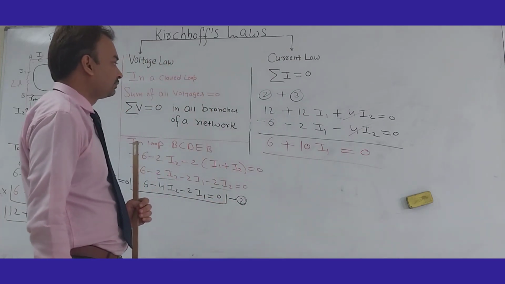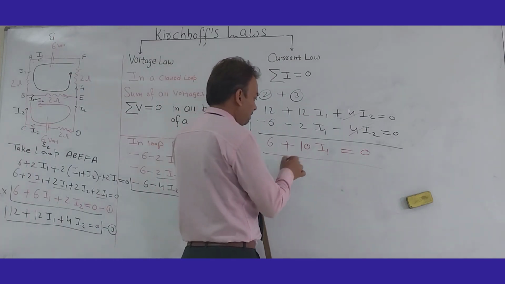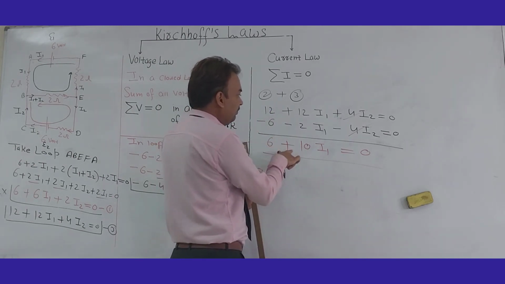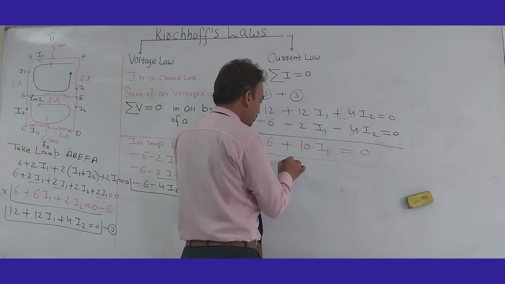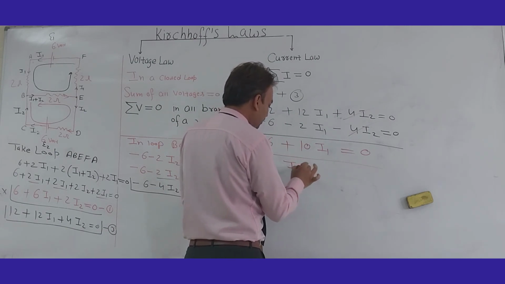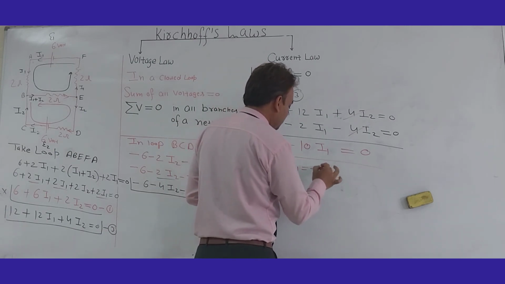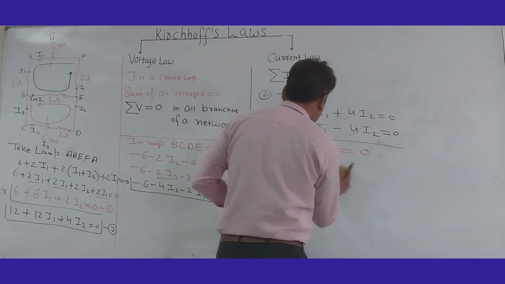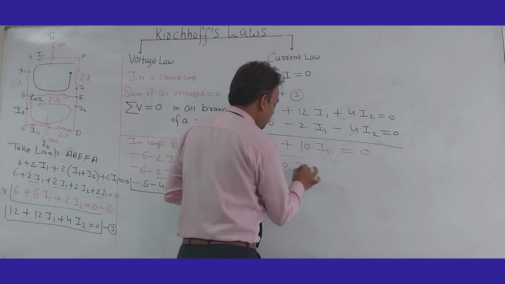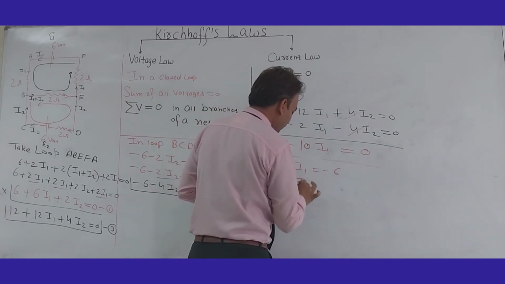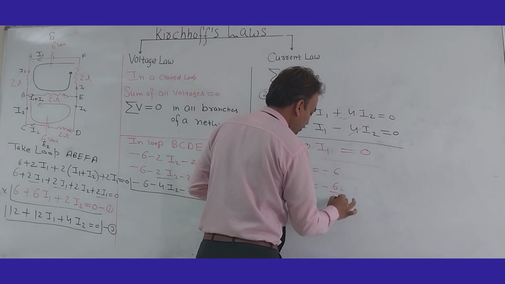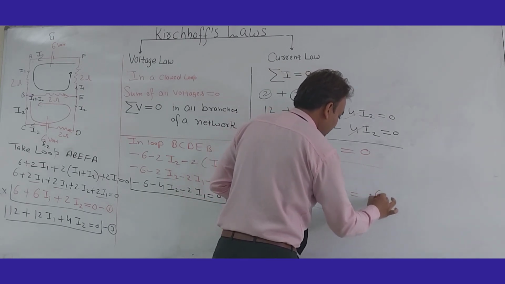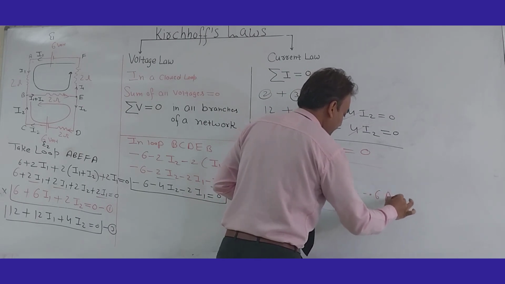So 10 I1 is equal to 6, so I1 will be equal to 6 upon 10, that is 0.6 ampere.